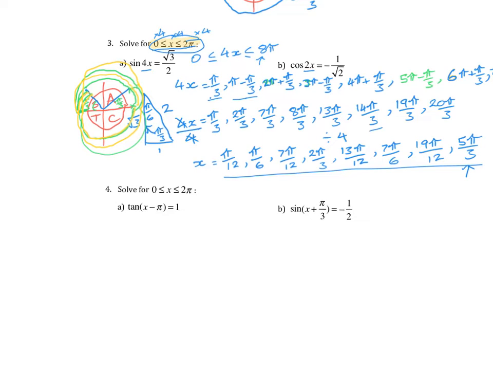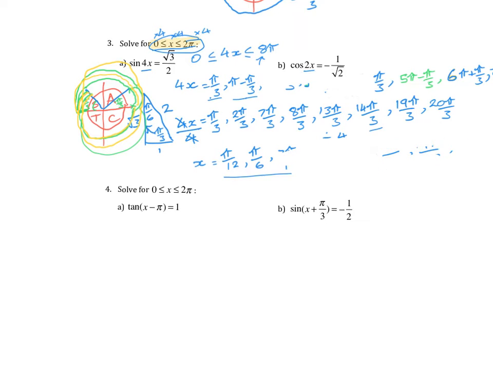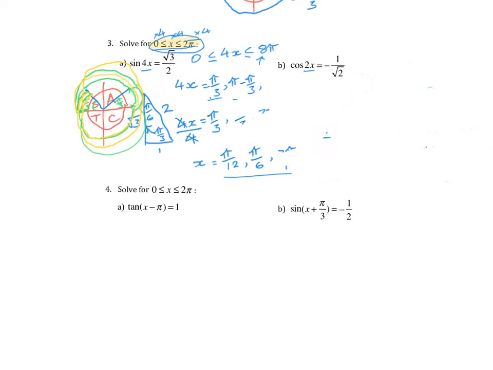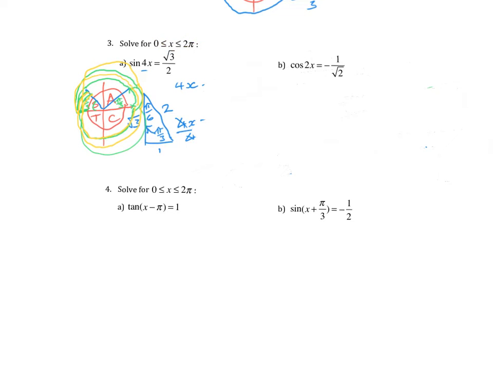Okay, so now I'm going to go back and do B. I don't have any room, so I'm going to rub a lot of that out, and then we'll come back. Okay, cos of 2x equals negative 1 on root 2.